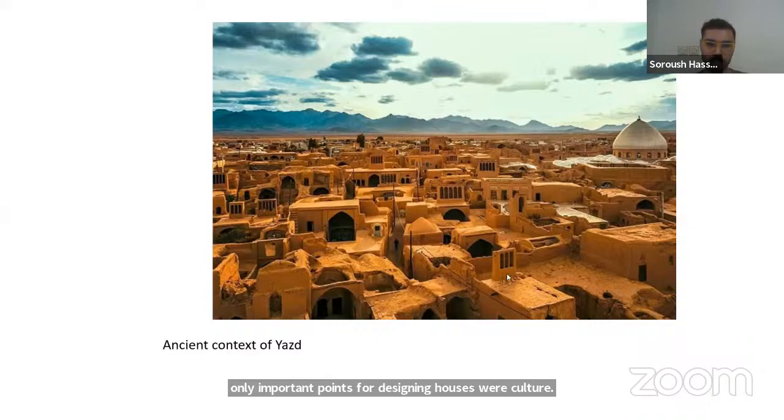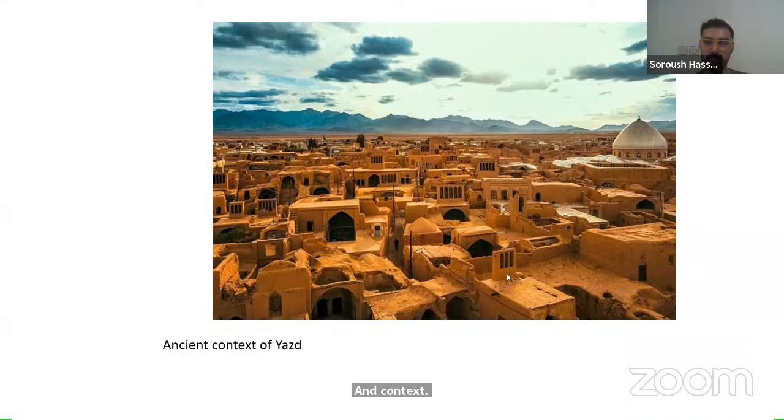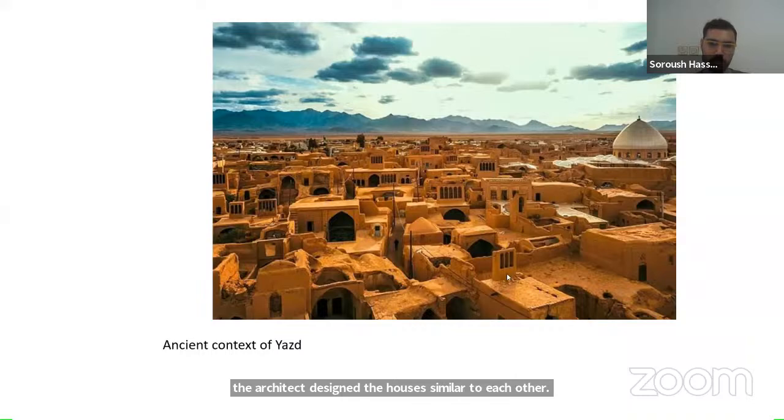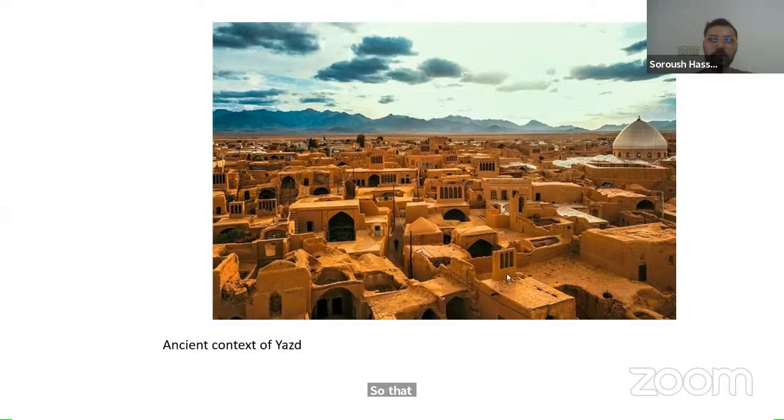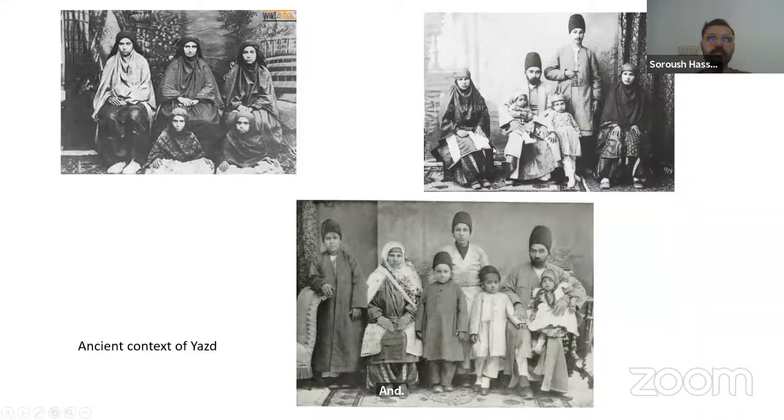So the architect designed the houses similar to each other, so that it was very natural because people lived the same, as you see, and there were similar styles, lifestyles.